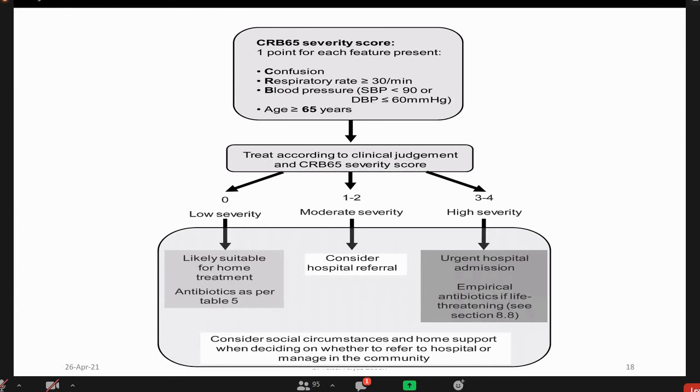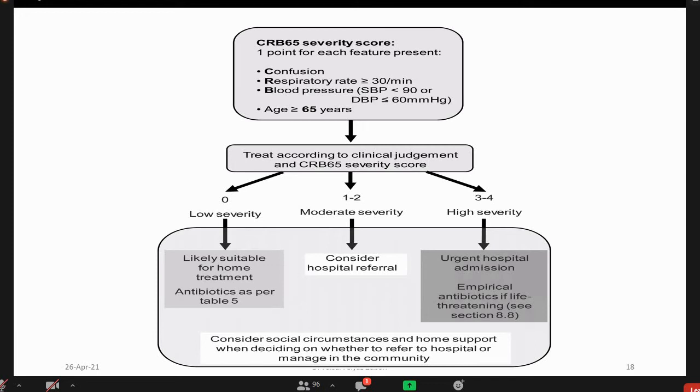So you can sum: respiratory rate 2, blood pressure 3, and age 4. There are 4 variables. The maximum score can be 4, and the minimum, if none are present, is 0. So the range is 0 to 4.